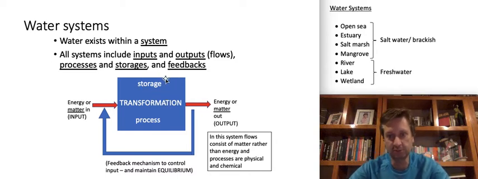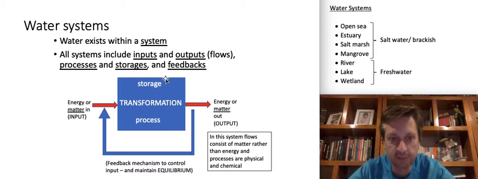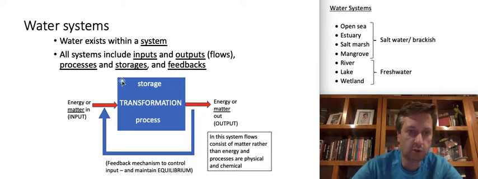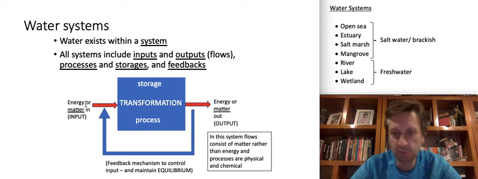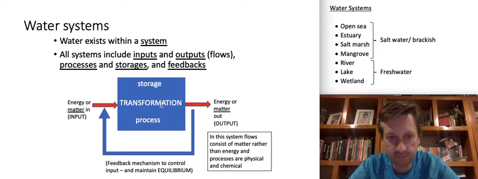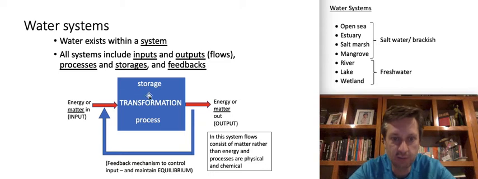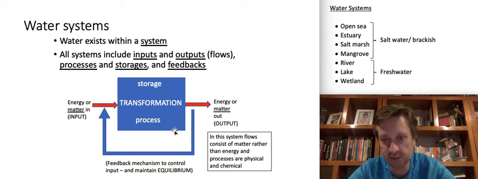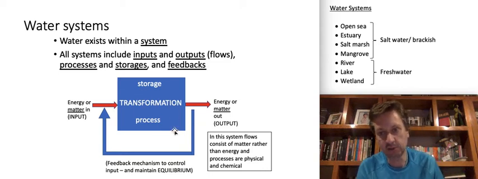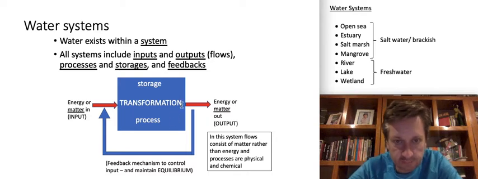We don't need to go into that, we've seen this a million times already. In terms of water, it's a movement of matter rather than energy. We'll see this in a bit more detail in the water cycle. We have processes going on inside the system in terms of chemical and physical processes. And we have these feedback systems as well, these feedback loops.